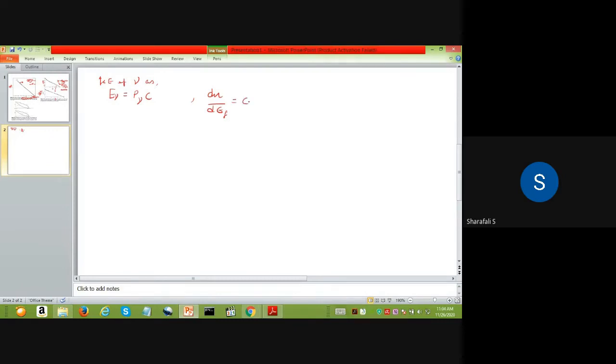It is c dash times some p e square p nu square, and then we had dp e times dp nu by dE f. So this was the equation that we used at that time.